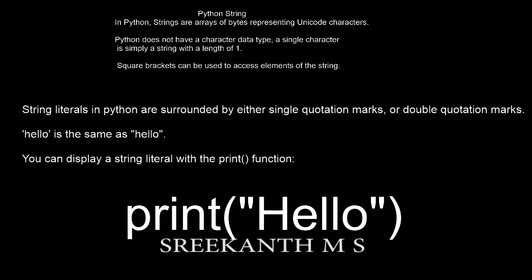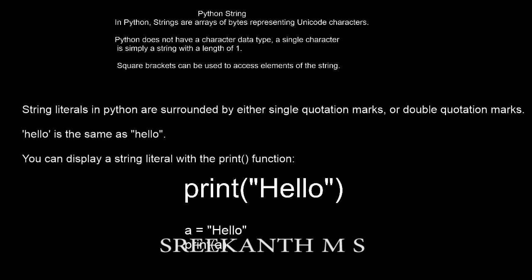Example is print hello. You can assign to a variable by using a variable in the left hand side of the line. Here a is equal to hello and print a means hello will be printed in the screen.